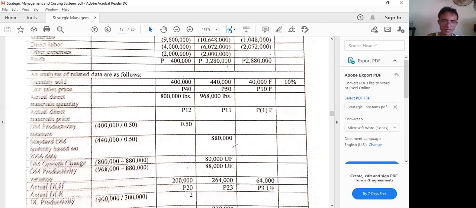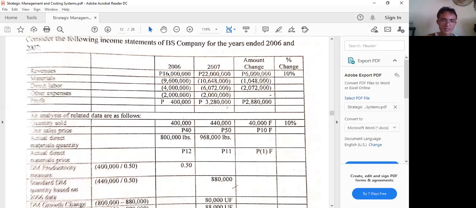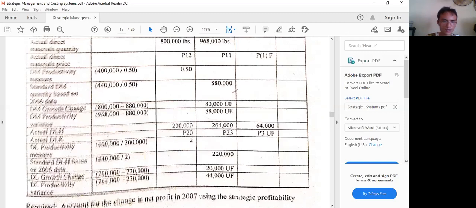DM could be direct materials. Okay, so direct materials. We have your materials, direct labor, and other expenses. All right, so for the direct materials growth change, that's 800,000 supposedly here. Okay, that's why I'm curious. Why is it 0.5? So this is an error here.